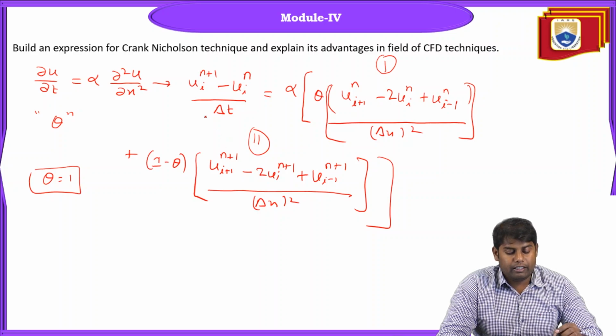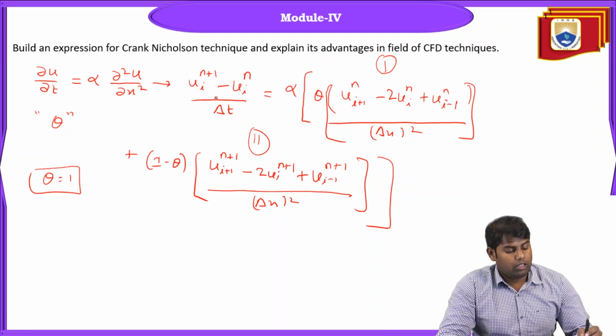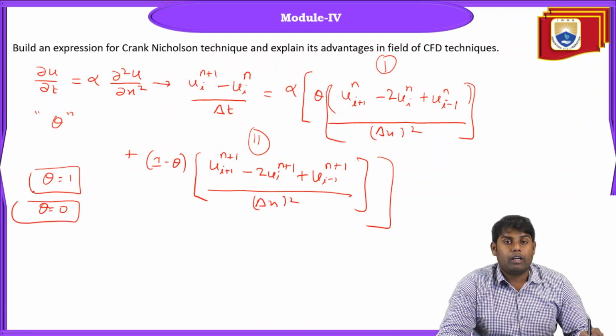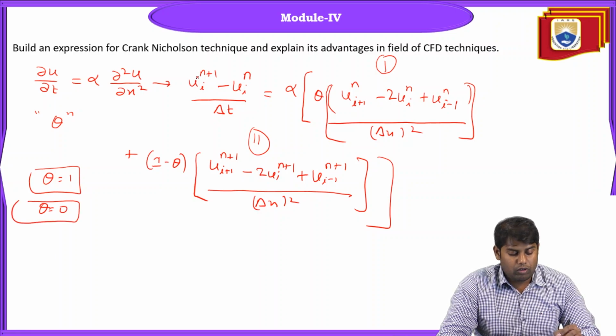The second term will go off and the first term will remain. The first term is explicit, so the generic expression we have written turns out to be a fully explicit scheme when theta is equal to 1. When theta is equal to 0, the generic equation will be fully implicit. So when theta is equal to 1, it is fully explicit, and when theta is equal to 0, it is fully implicit.